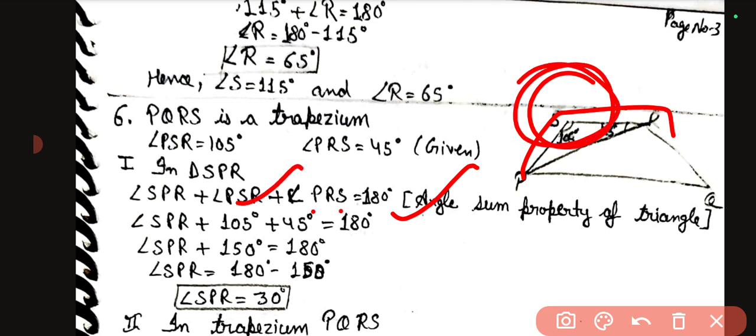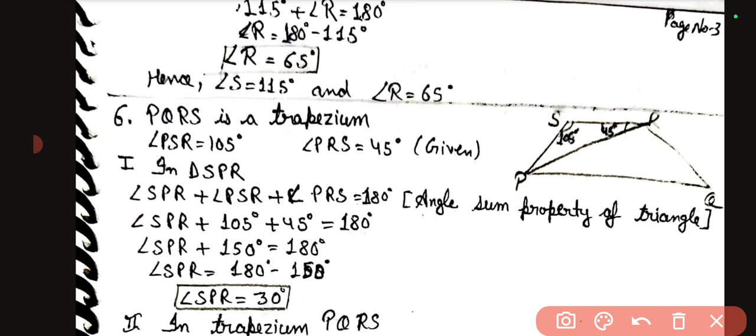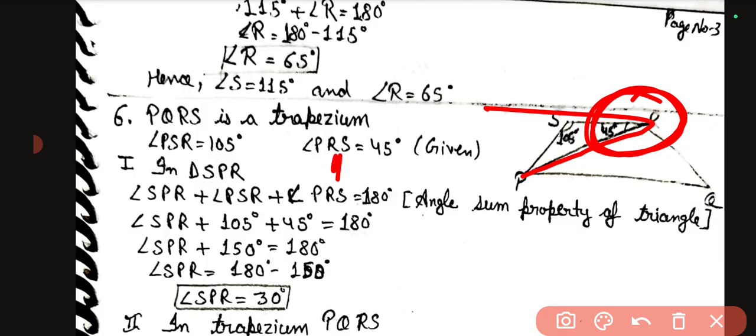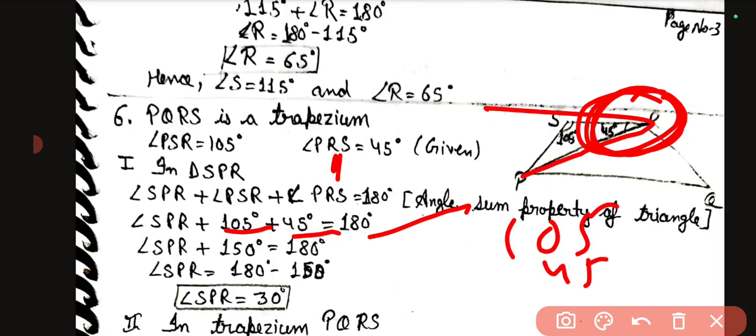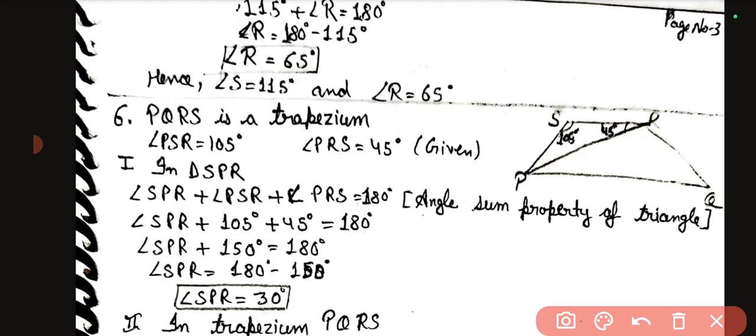What is the value of PRS? PRS means the value of R, which you can see here in the center. The value of R here is 45. Now add these, 105 plus 45. The sum of 105 and 45 is 150. Now subtract, 180 minus 150 is 30 degrees.